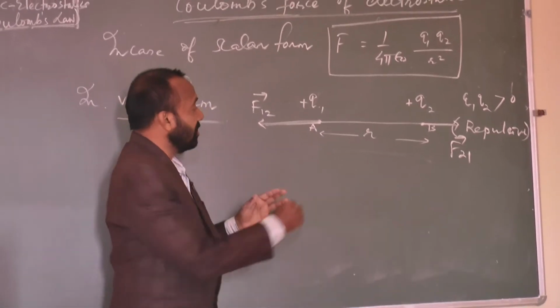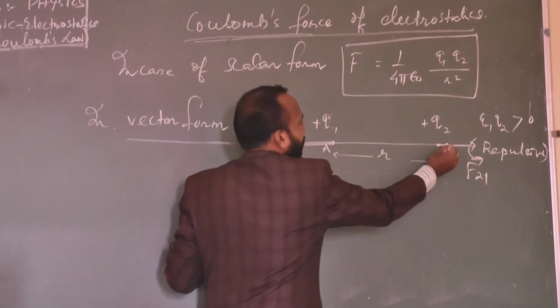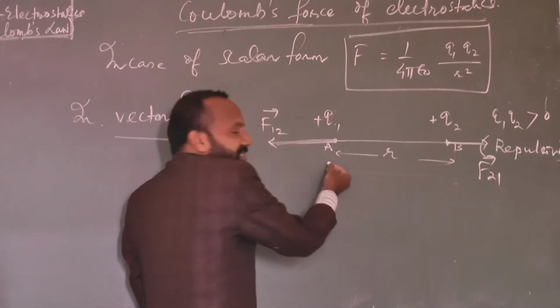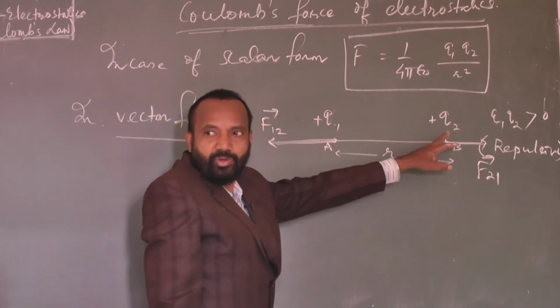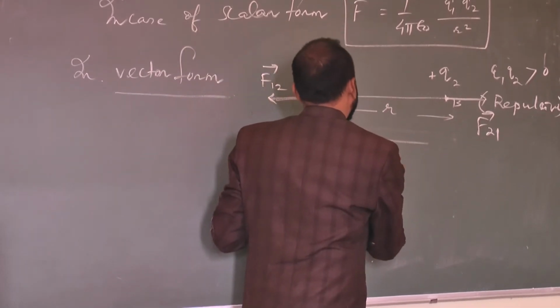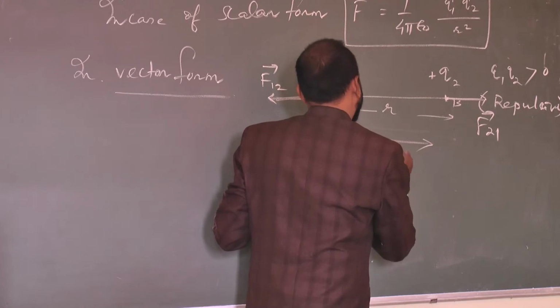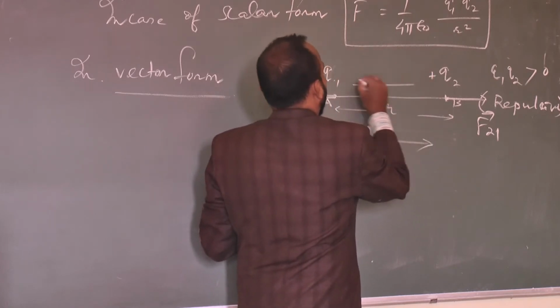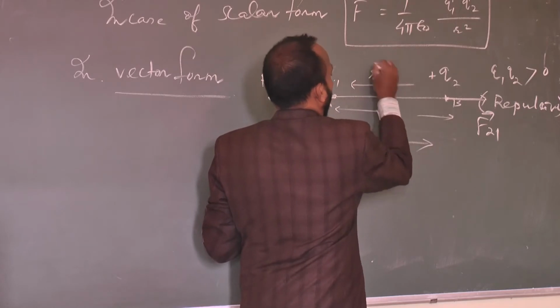Why? Because whenever F12 is there, it is the force acting upon q1 by q2, so I have to measure the distance from q2. So this distance I measure as r21, and this distance as r12.